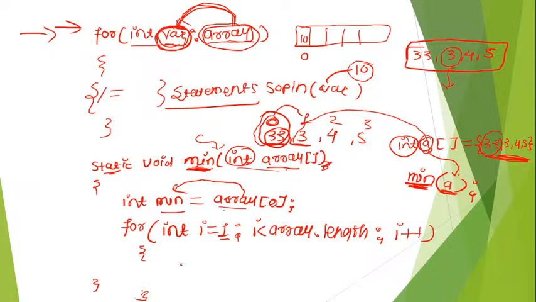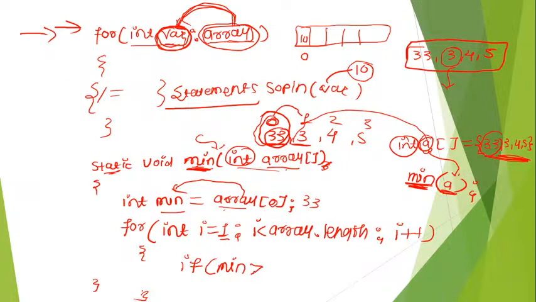Now you come here and write your own logic inside this. I am simply comparing inside the if. This is min, that means the 33.